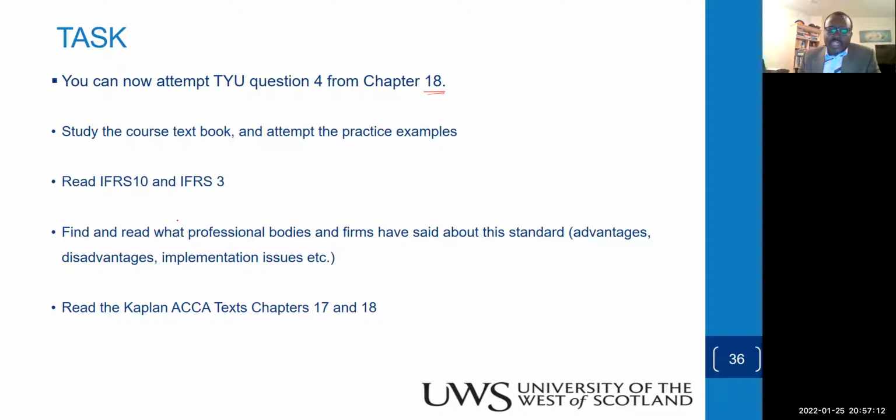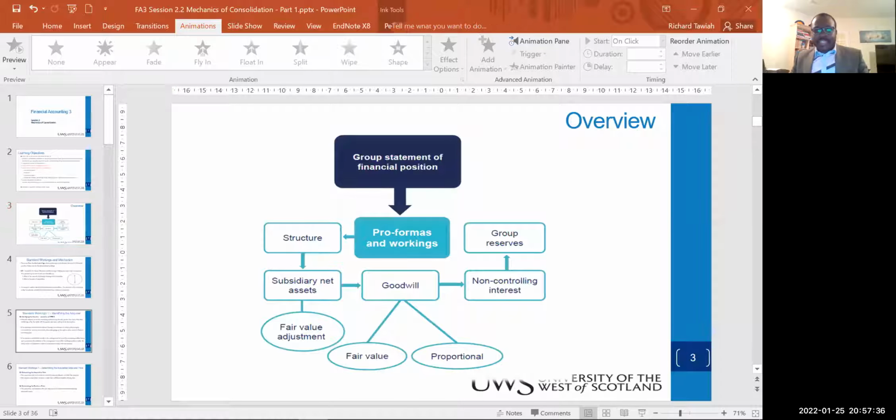Also, if you could find and read what professional bodies have said about these two standards, especially IFRS 10, the advantages, the disadvantages, implementation issues. And find some time to read your ACCA text by Kaplan, chapters 17 and 18, to get more insight.